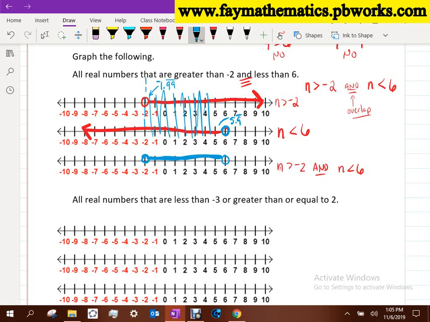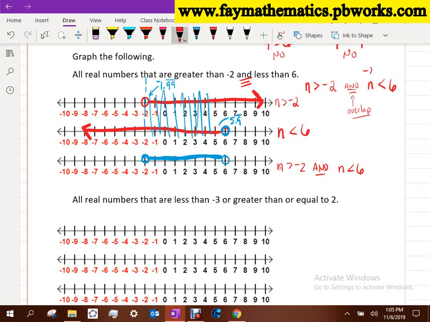I'm just going to check some answers here. Give me a number off that number line. 3. Okay, I'll plug 3 in. Is 3 bigger than -2? Yes. Is 3 less than 6? Yes. So that's why 3 should be graphed. Let's try -2.